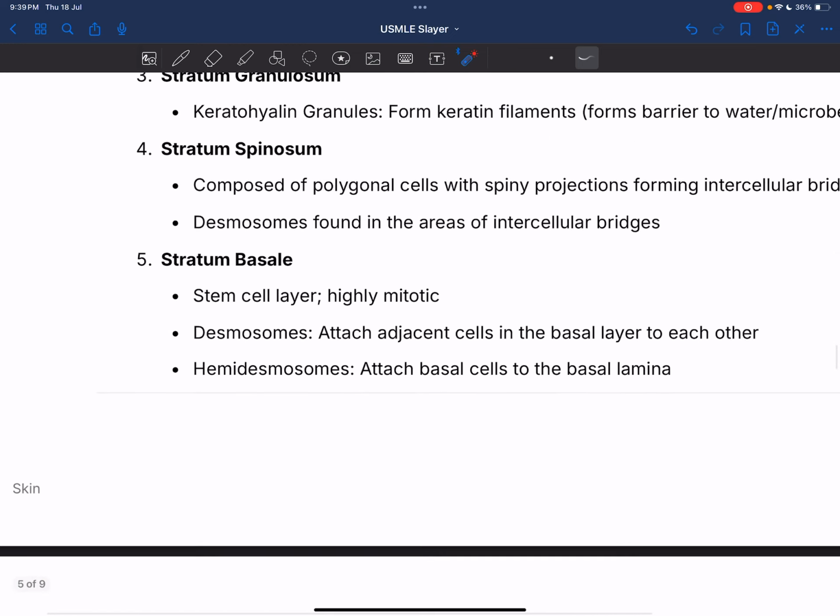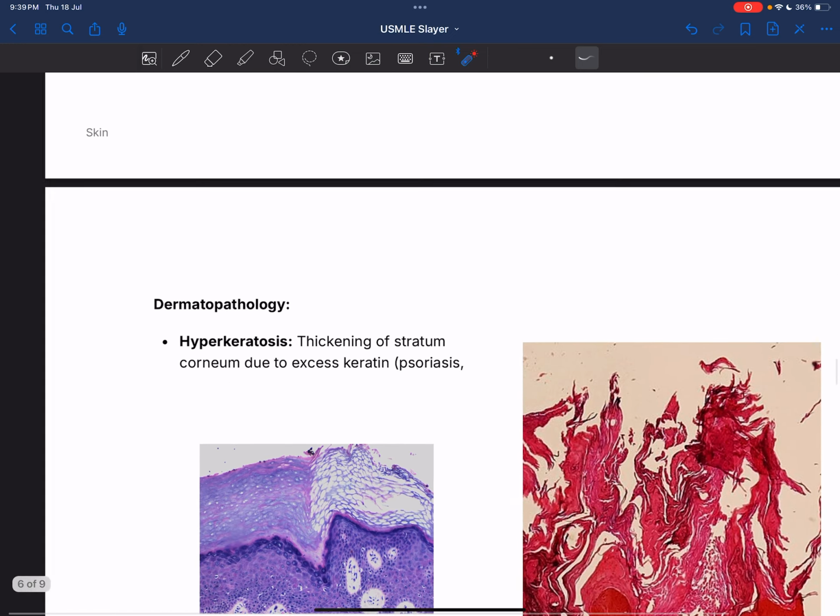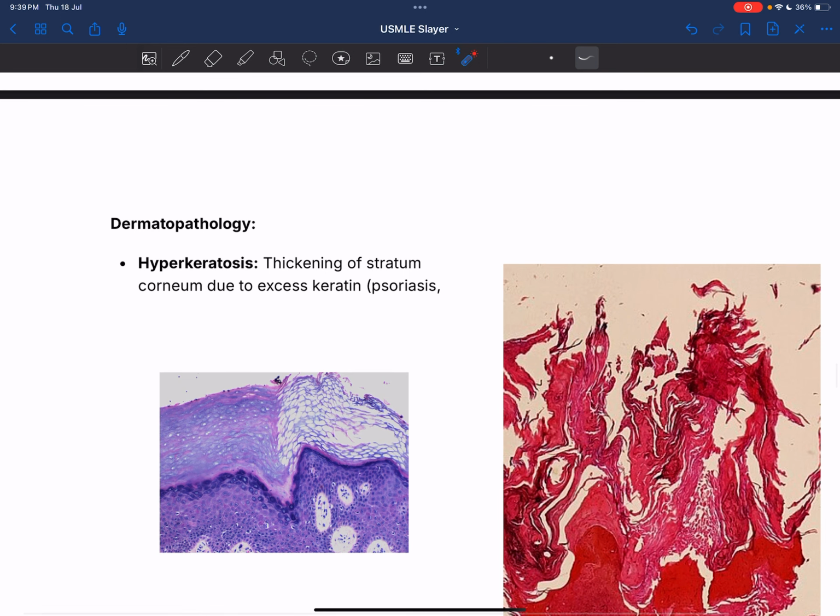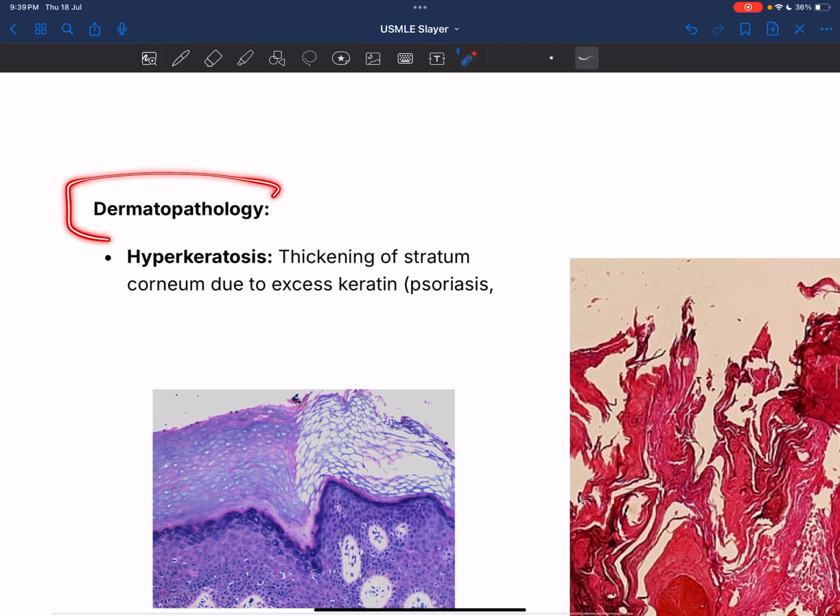Okay, so as I already told you, we're going to get started with dermatopathology. Dermatopathology focuses pretty much on epidermal thickening or thinning, and that is the theme of today's lecture.